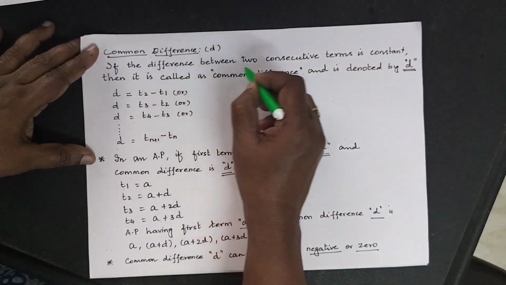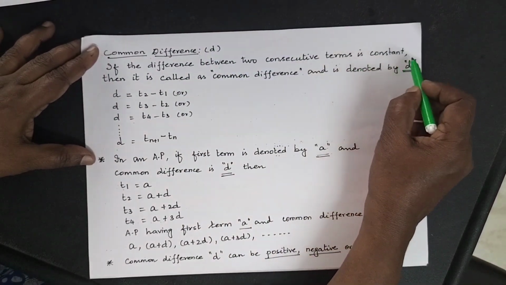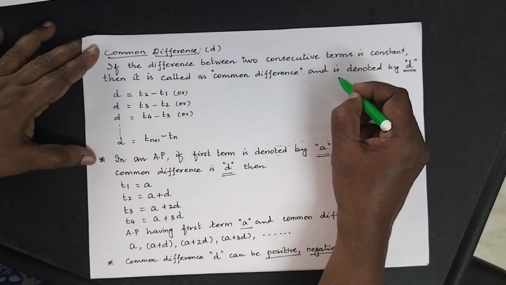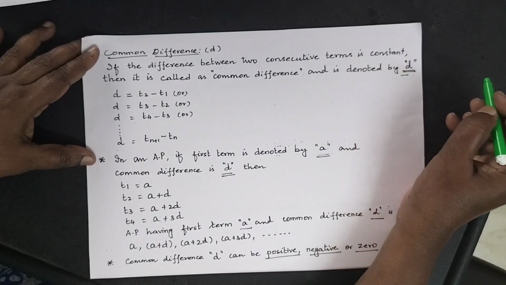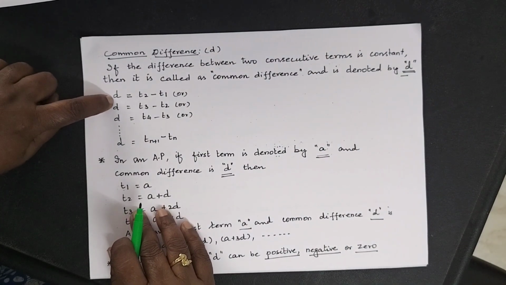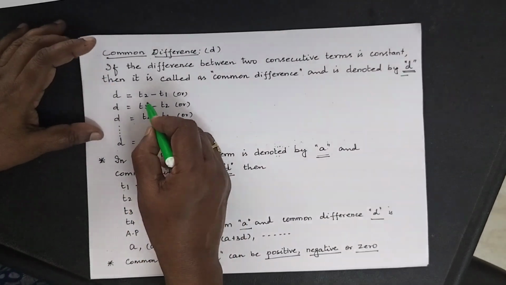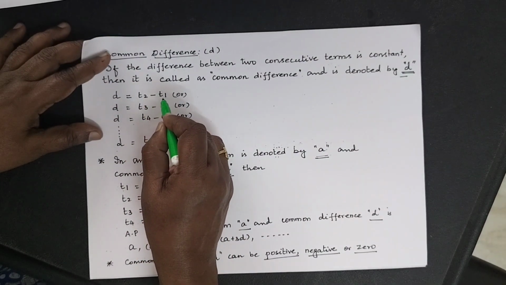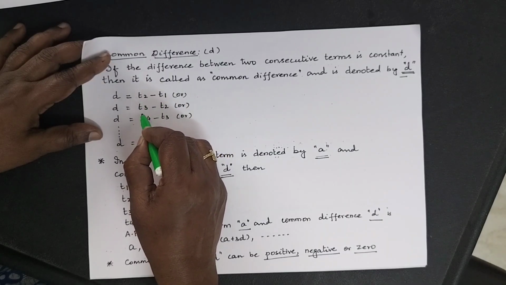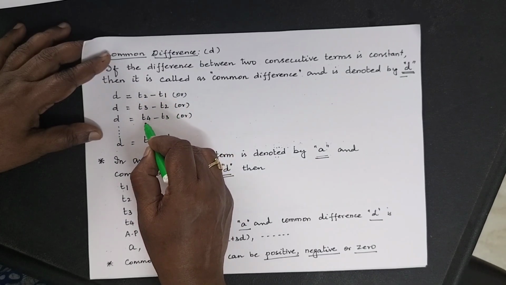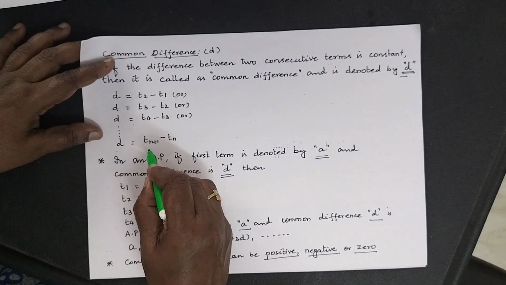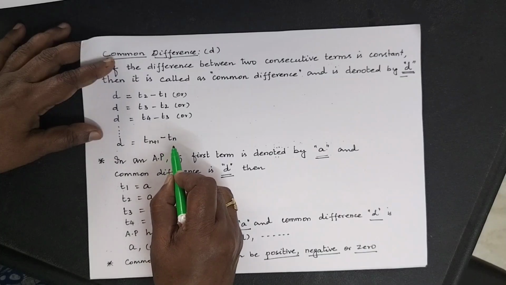If the difference between two consecutive terms is constant, then it is called the common difference, and it is denoted by small d. So common difference d is equal to second term minus first term, that is T2 minus T1, or T3 minus T2, or T4 minus T3. In general, we can write this as Tn plus 1 minus Tn.